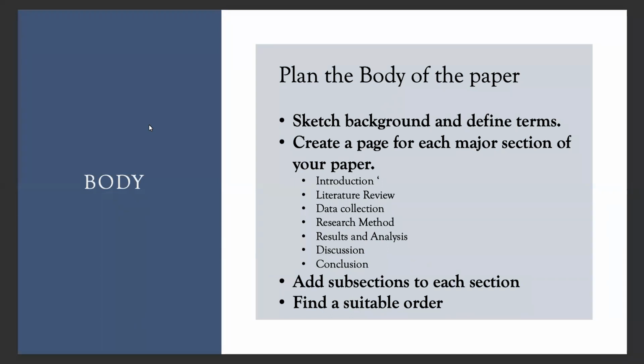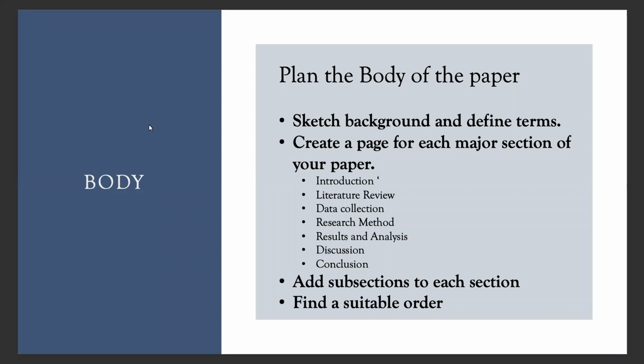Usually, an academic paper would have introduction, literature review, data collection, research method, results and analysis, discussion, and conclusion. So in the introduction, you are giving the introduction to the problem, contextualizing it, and then stating the research problem, and also giving a brief understanding of your response to the research problem.